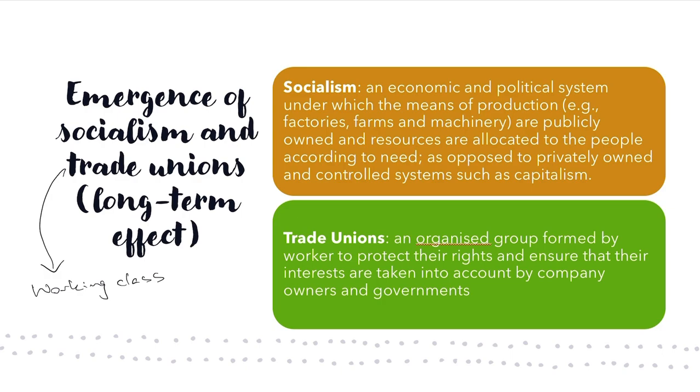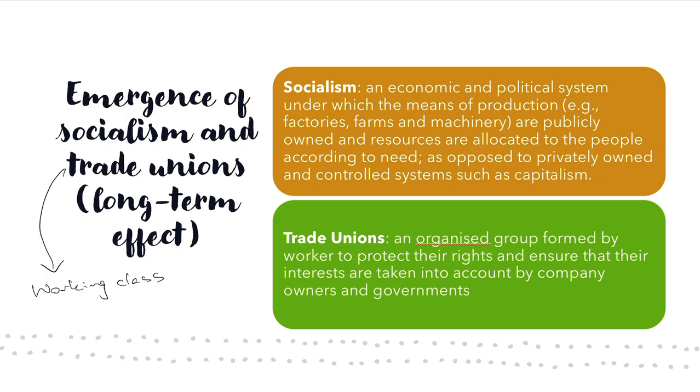Prior to the Industrial Revolution, in a lot of senses, feudalism was still rampant across the UK. And if you remember from your study of the Middle Ages or medieval times, feudalism was this incredibly exploited, incredibly tough system where you were in a certain class and there was not a lot of opportunity for social mobility.